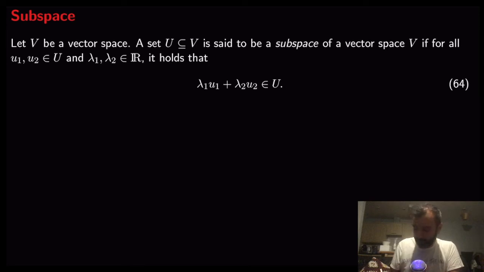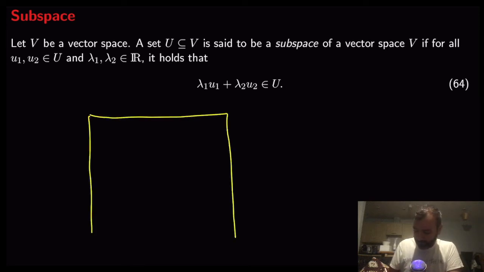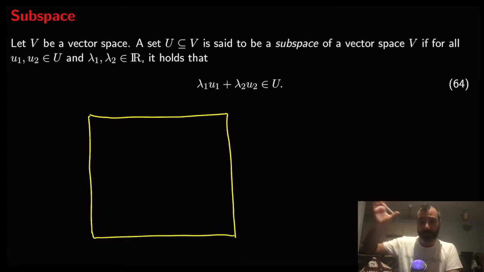Now, we have vector spaces, and we should think of vector spaces like endless planes, or perhaps endless 3-dimensional spaces, if you prefer, but they extend in all directions. Usually we sketch them like a box, but imagine they extend towards infinity, so to speak. A subspace: let's say that this is V, my vector space.